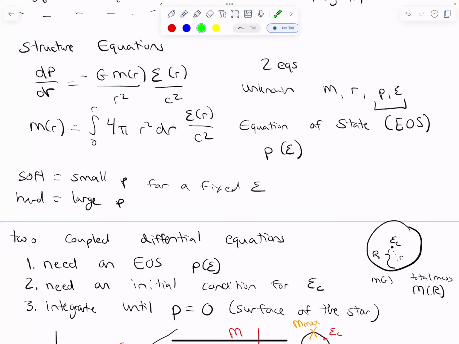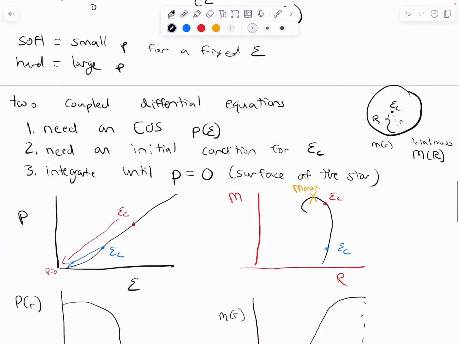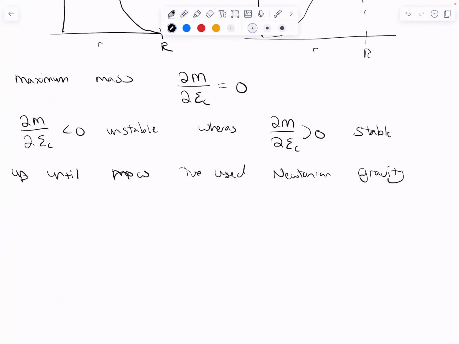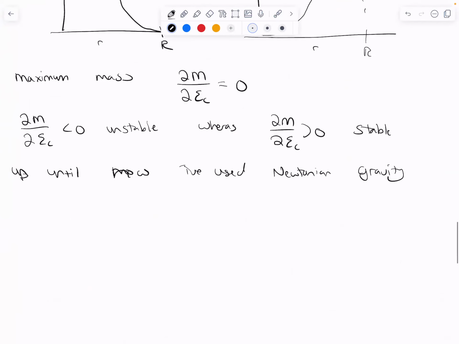Now, of course, for a neutron star, you do actually have to care quite a bit about GR, but these equations work very well, at least for white dwarfs. But if you had something like a neutron star, you would need to add other corrections for general relativity, and I can show you what those are in a second. But anyways, before we get into that, let's just talk about white dwarfs for a second.